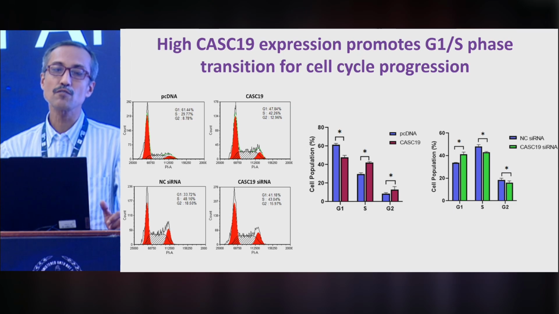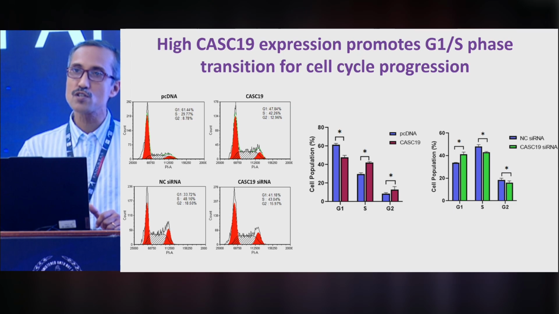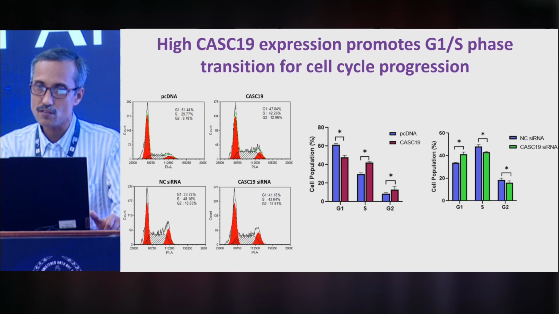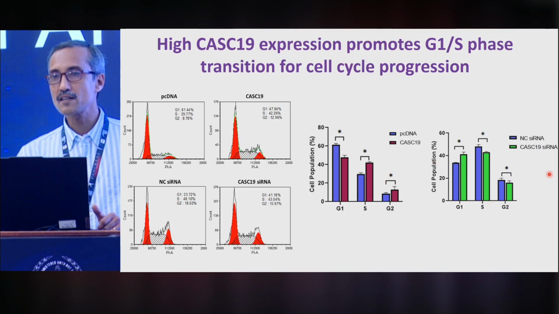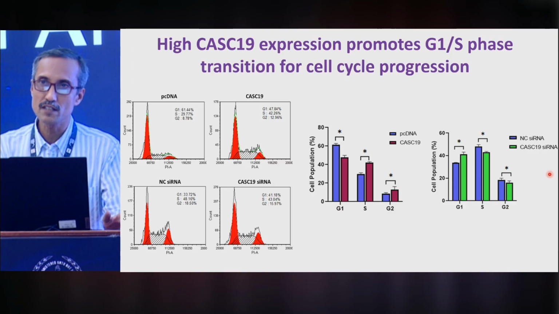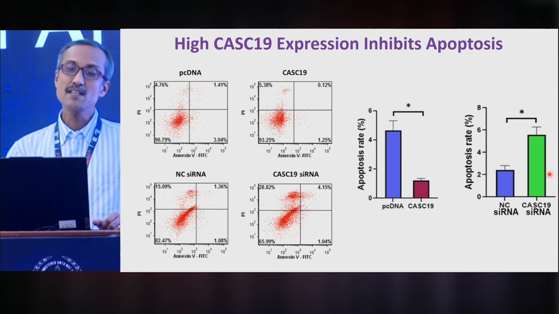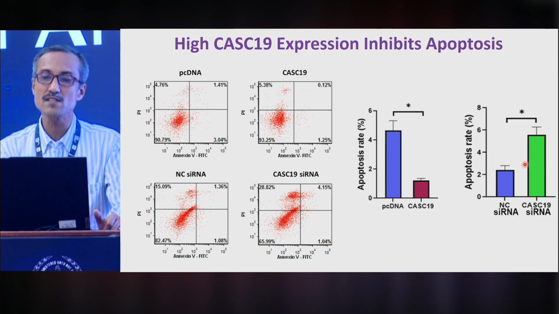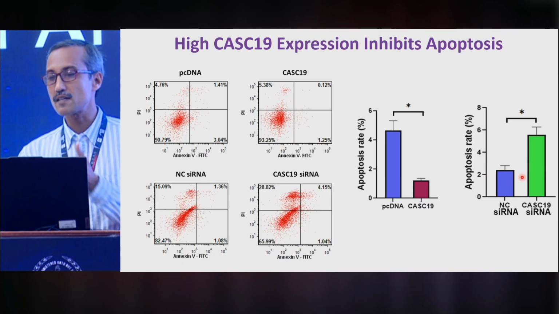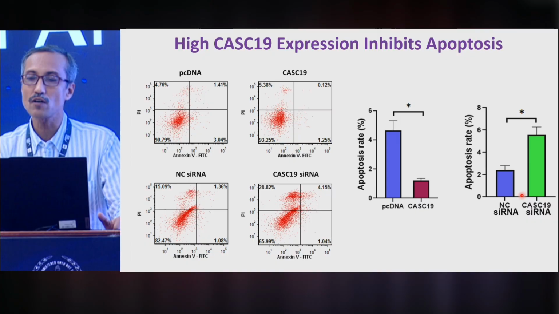Then we found high CASC19 expression promotes G1 to S phase transition of the cells. We found a significant increase in G1 to S phase transition when overexpressed, and siRNA mediated knockdown did the reverse. High CASC19 expression was also found to inhibit apoptosis, and siRNA mediated knockdown did the reverse.